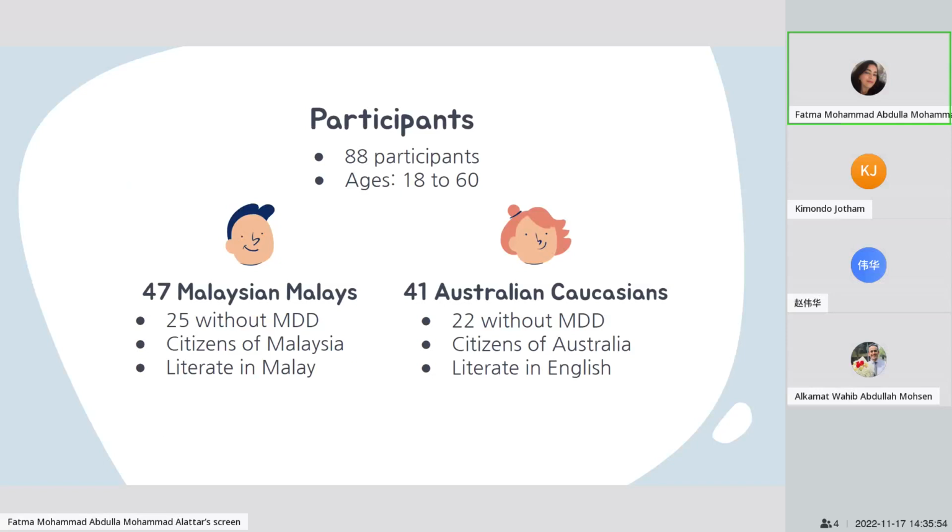And then the other 41 participants were Australian Caucasians, 22 of which were without MDD. All the participants were citizens of their respective countries and were literate in their respective languages. So Malaysians were citizens of Malaysia and literate in Malay, and Australians were citizens of Australia and they spoke English.